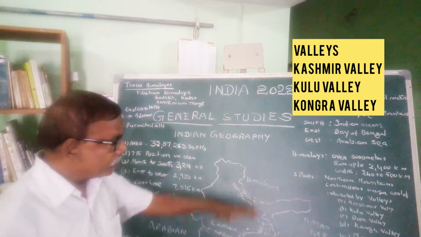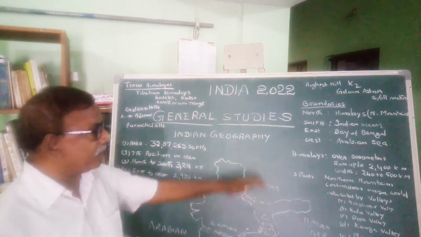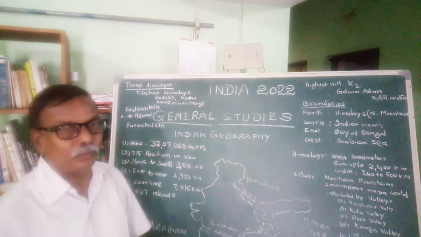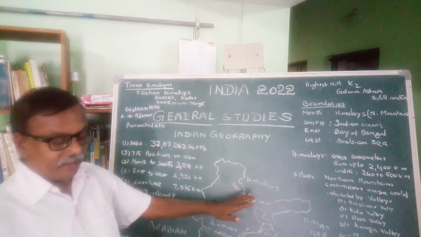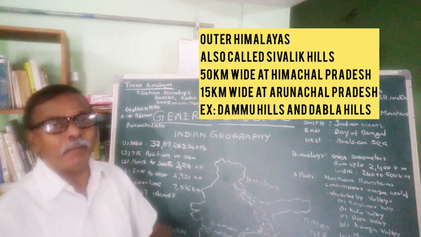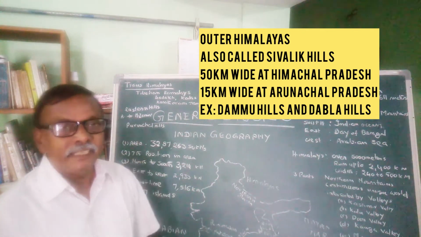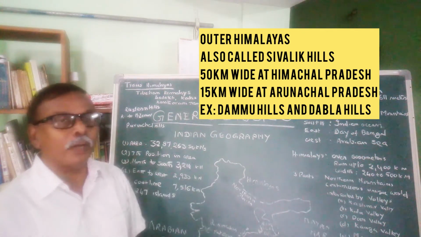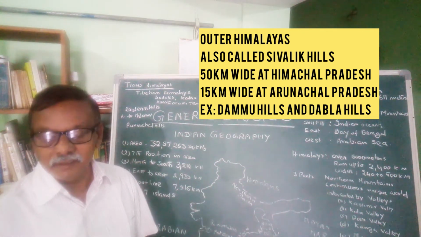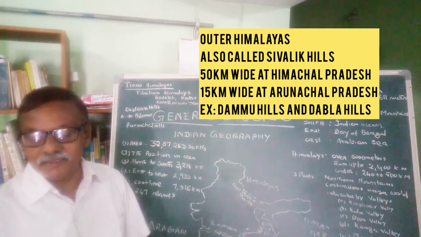And next, going from the northern part to the southern part, we come to the outer Himalayas. These outer Himalayas are also called Shivalik Hills.